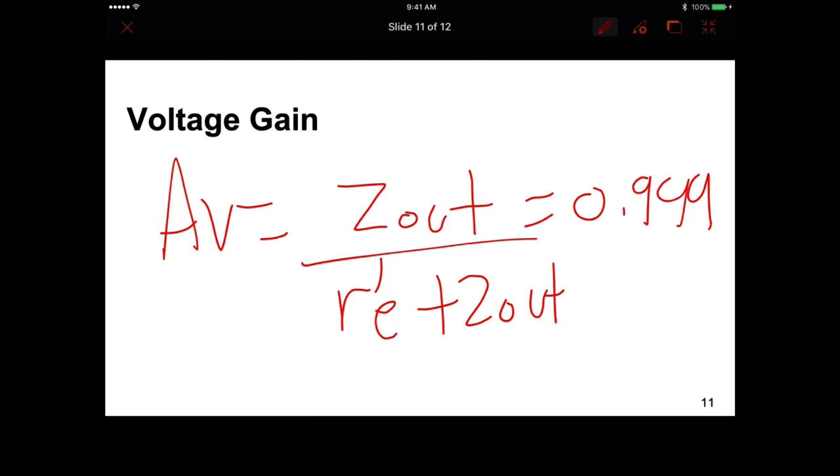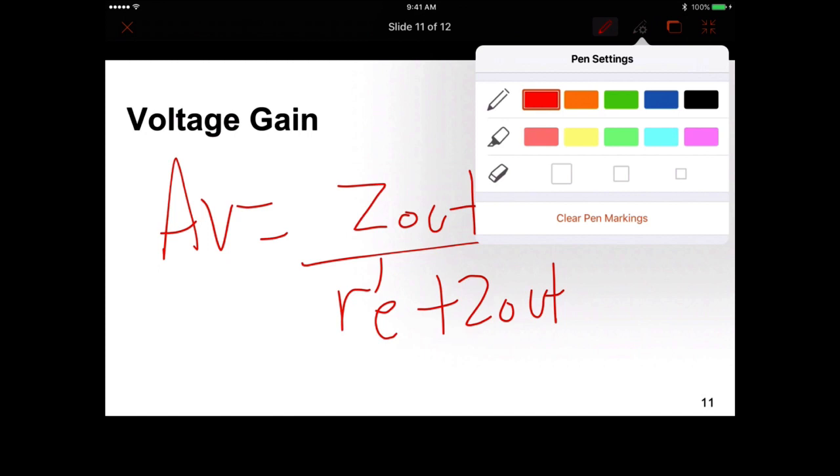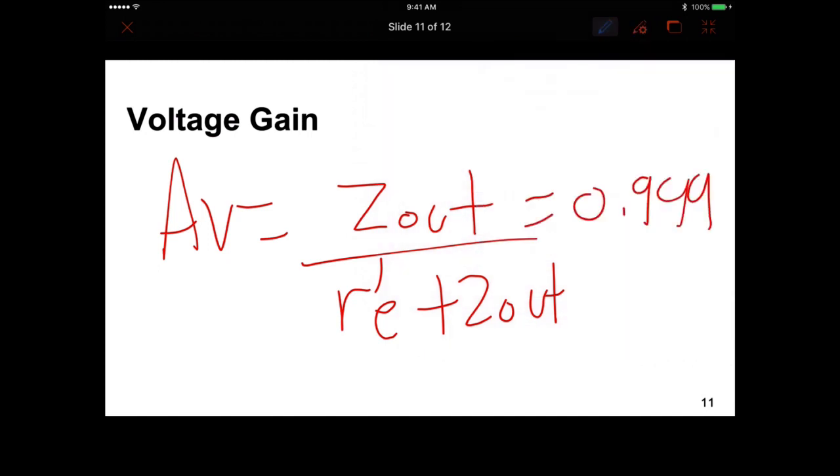It's intended to drive a low impedance load. But if we simply ignore R prime E because it's so small, we can say AV is approximately equal to 1. That means the output and input voltage are almost the same.